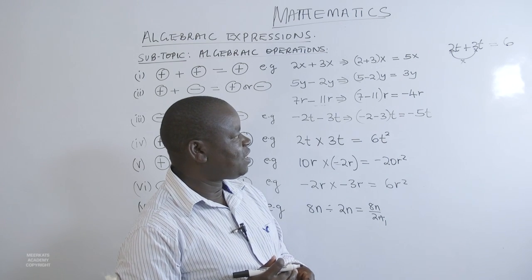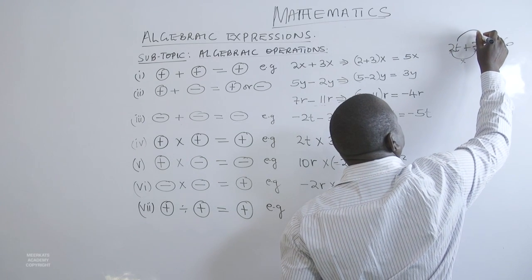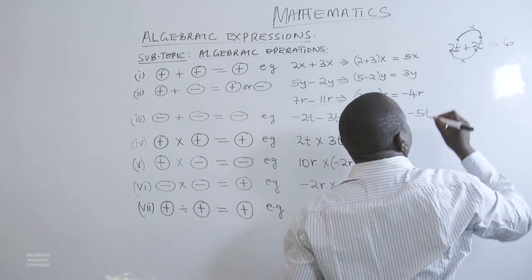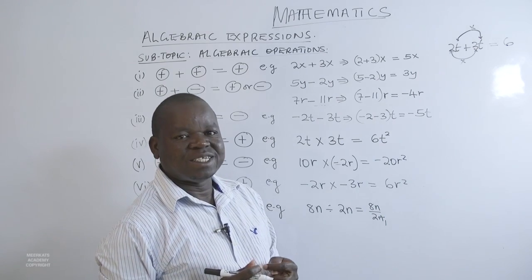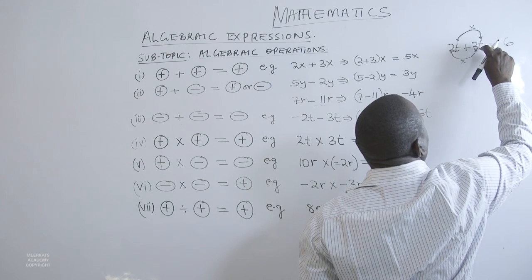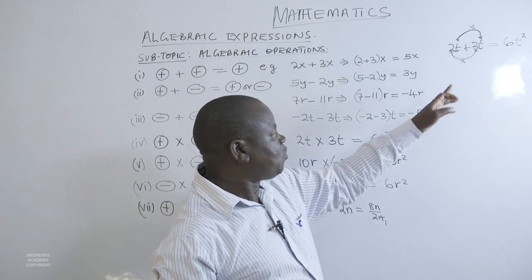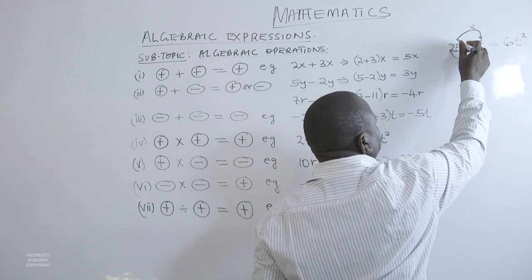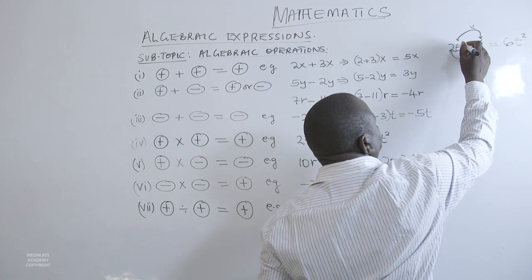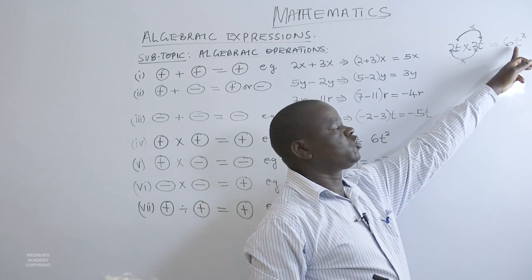Then we again multiply t by t. t multiplied by t means it is t squared. So the product becomes 6t squared.